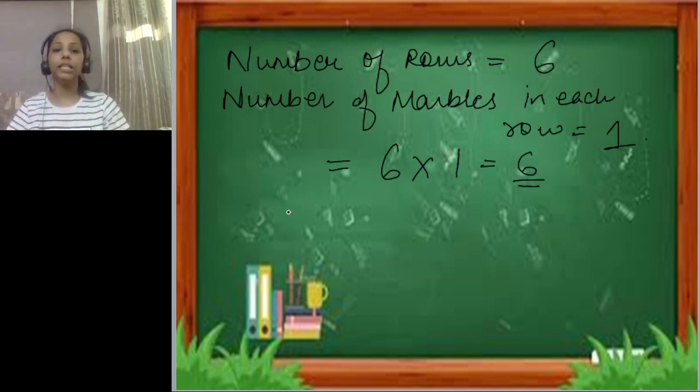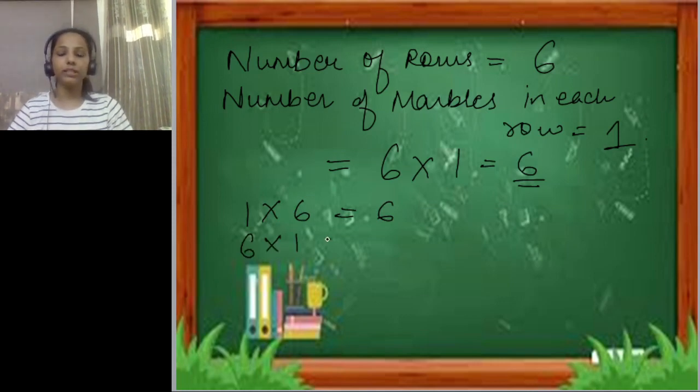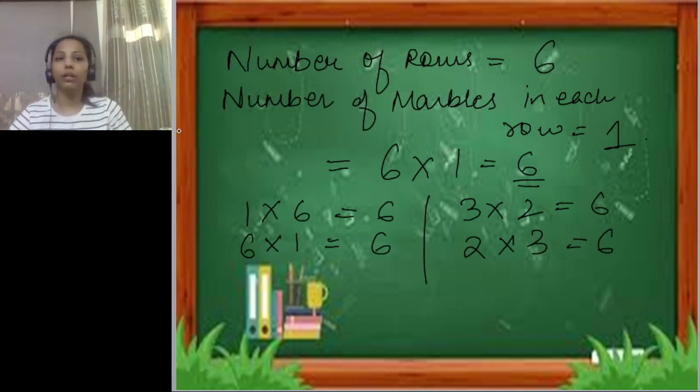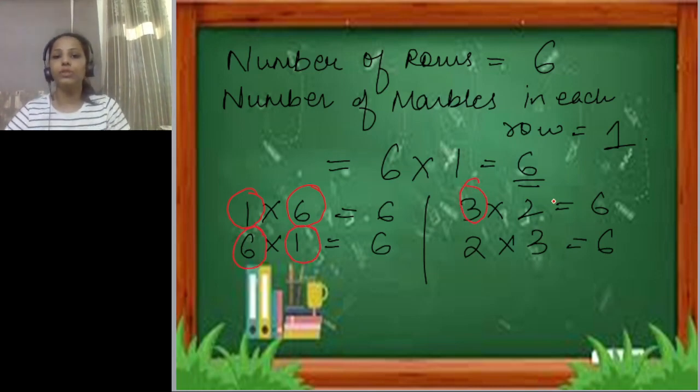Now we have seen 4 different cases: 1 into 6 is equal to 6, 6 into 1 is equal to 6, 3 into 2 is equal to 6, and 2 into 3 is equal to 6. So here what we see is that these numbers, 1 and 6, 6 and 1, 2 and 3, are the numbers which completely divide 6.